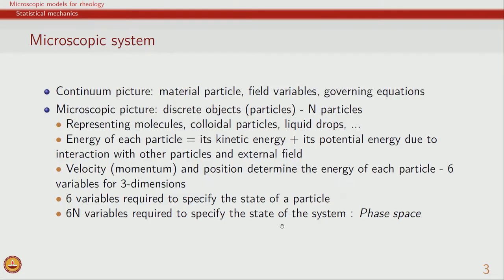And so, velocity of the particle will determine the kinetic energy, and the configuration will determine the potential energy. So, therefore, to specify the overall microscopic state of each and every particle, we will need to define its velocity and its position. Now, velocity itself is a vector, position also is a vector, and if we are describing them using a 3-dimensional space, then we require 3 velocity components and 3 position components.